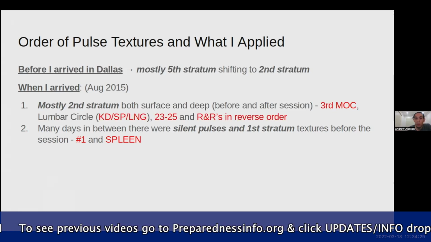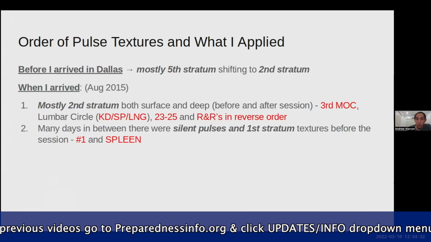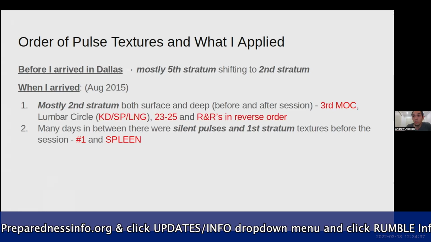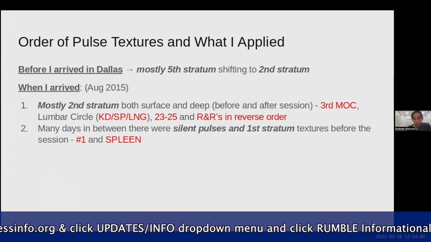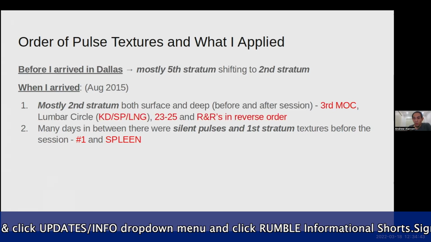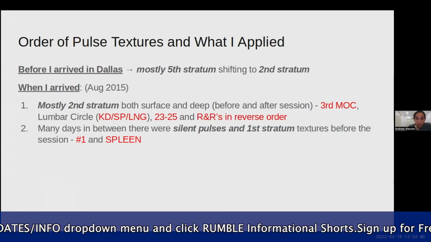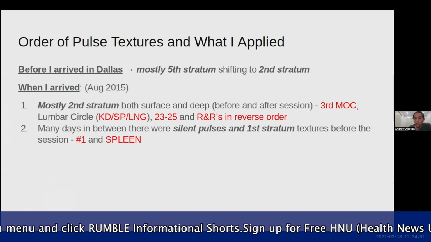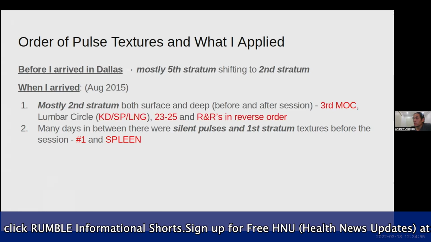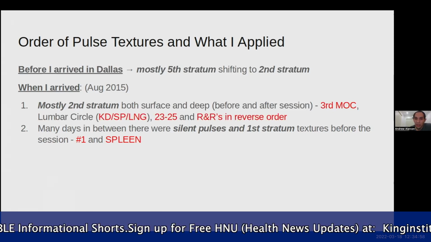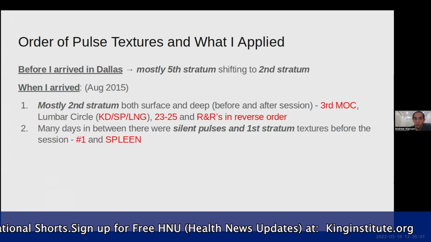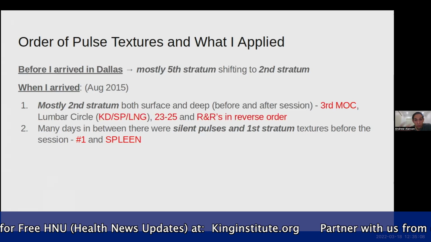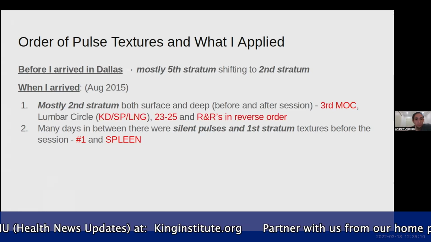So usually when you apply the number one sequence or the spleen sequence or both, and then you feel the pulses again, you would usually feel the textures come out. Okay? So it really helps bring out the pulses, so to speak, when you have silent pulses. That can be very useful, especially during times where you really can't feel anything. So one of the go-tos would be doing the number one and the spleen application. So something for you to take note of. Okay.